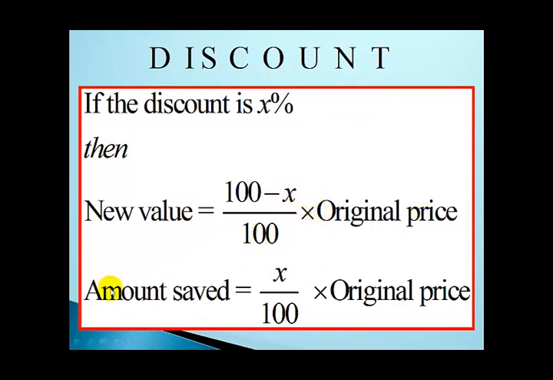If you want to find the amount that was saved as a result of the discount, it's equal to X divided by 100 times the original price, where X is the percentage discount. So the amount saved will be equal to X over 100 times original price.